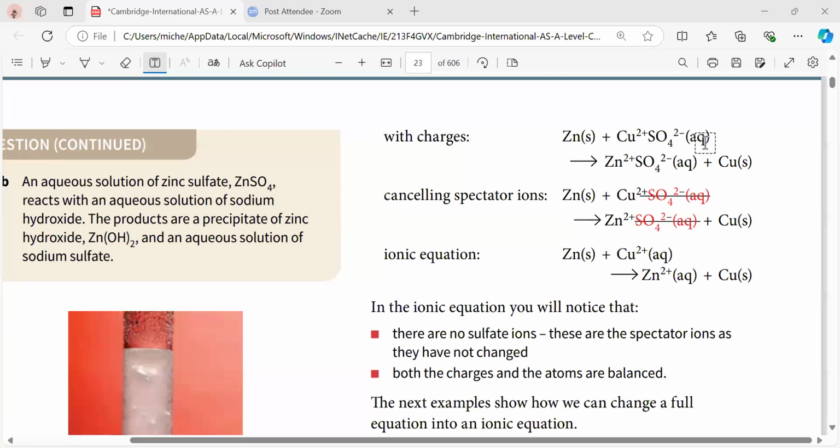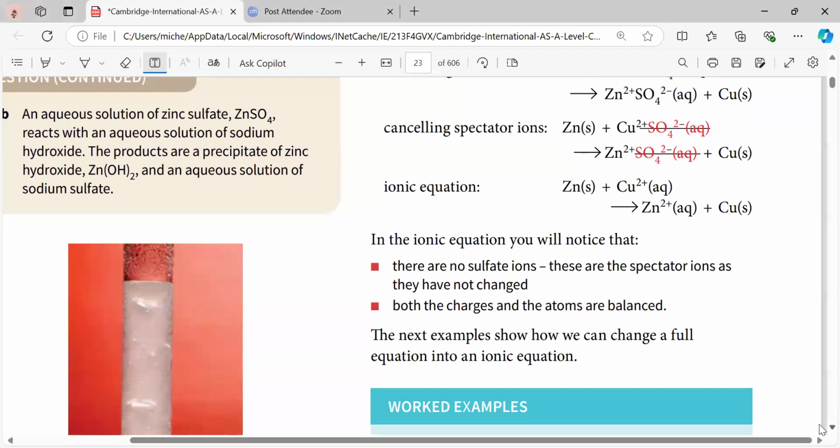Since it's basically the same right here, we can cross that out. So this is the ionic equation. Usually they cancel each other. That's why they are called spectator ions, meaning that we can just eliminate that and pretend that it's not there or non-existent.